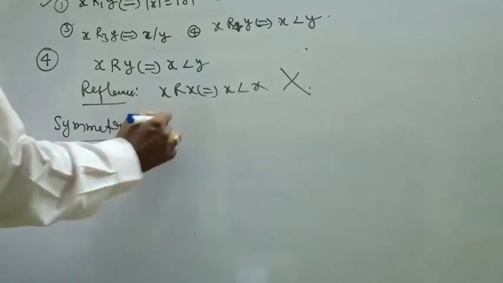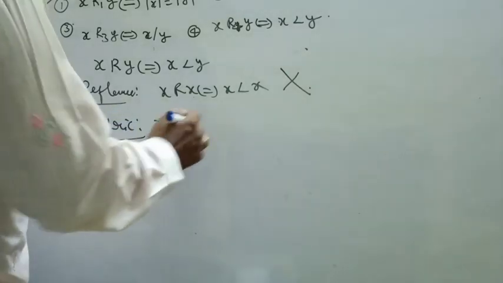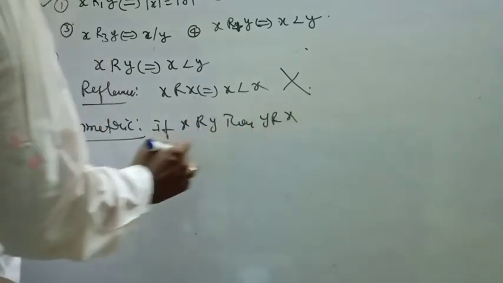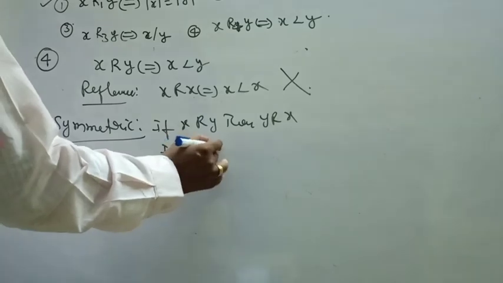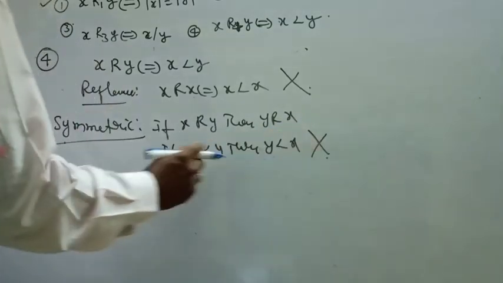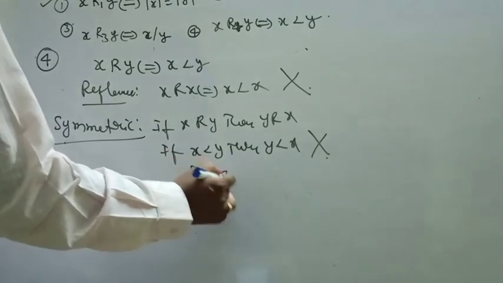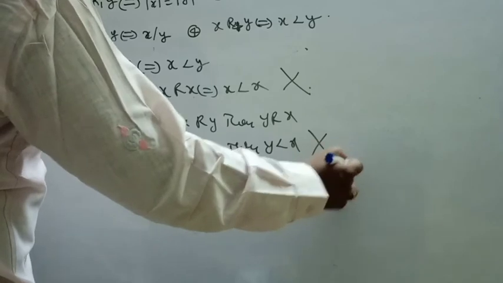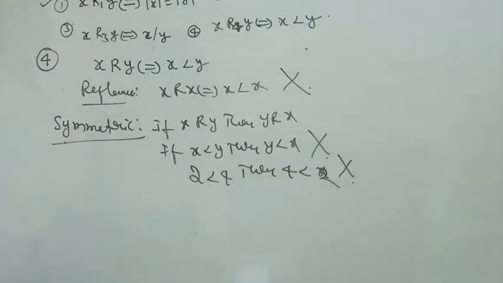If X is related to Y, then we should prove that Y is related to X. That means if X is less than Y, can you say that Y is less than X? Wrong. If 2 is less than 4, can you say that 4 is less than 2? That is wrong. Therefore, it is not satisfying symmetric.